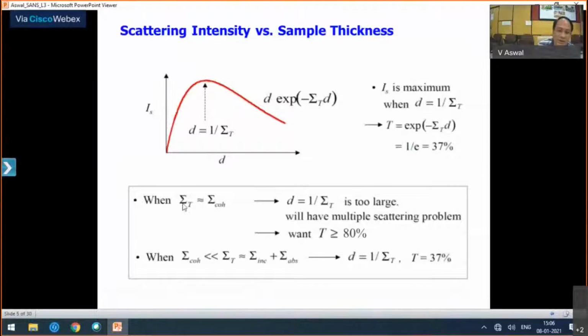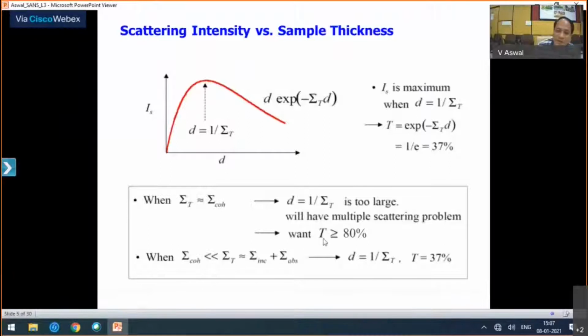Now you see, in the case when you have mostly coherent scattering from the sample, that's what you want. Other scattering will be giving you background, or you can have some sort of absorption in the system. So if your total cross section is that given by the coherent cross section, then the thickness 1 upon sigma t which you would select is too large, because what you measure in small angle neutron scattering is only coherent scattering.